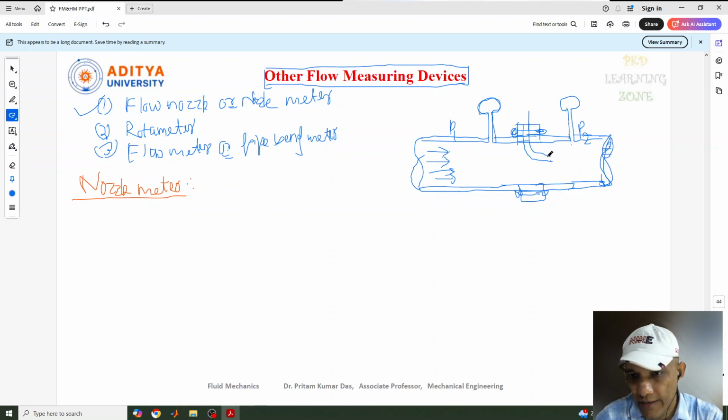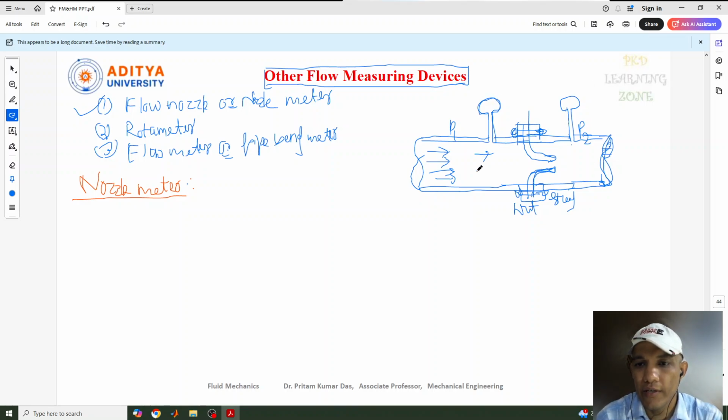So the nozzle meter is like this, and the device is fixed on the coupling with the help of nuts. These are the studs and nuts, and some couplings, and this is the pressure gauge.